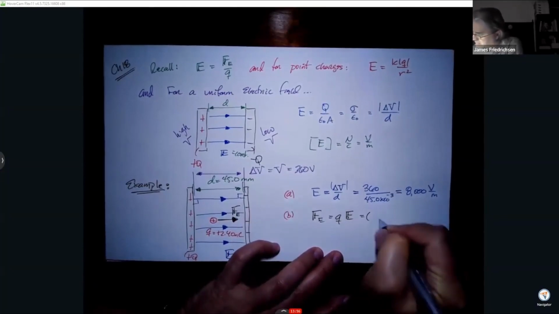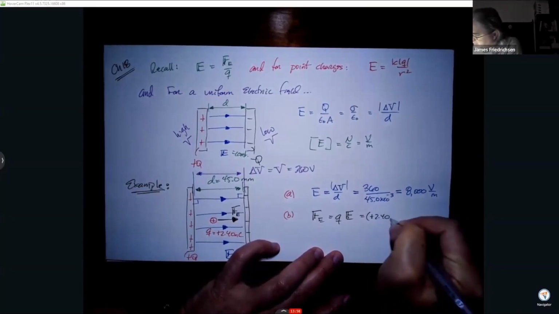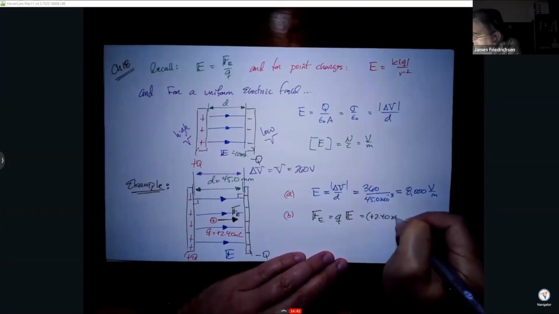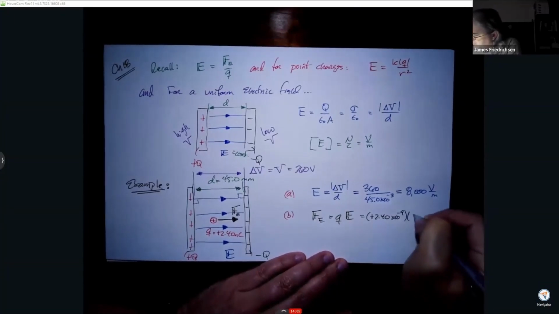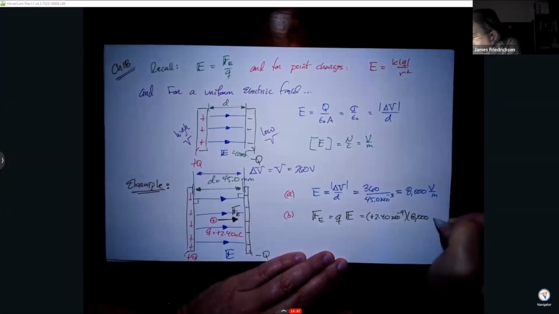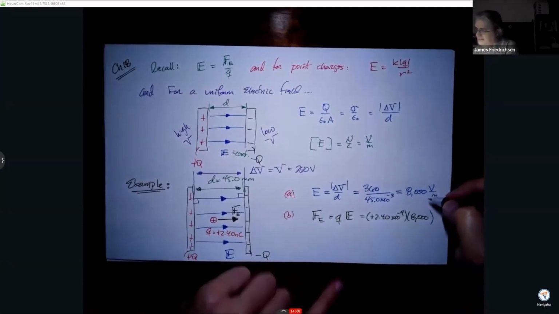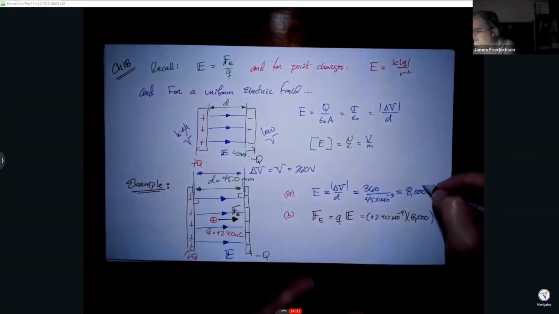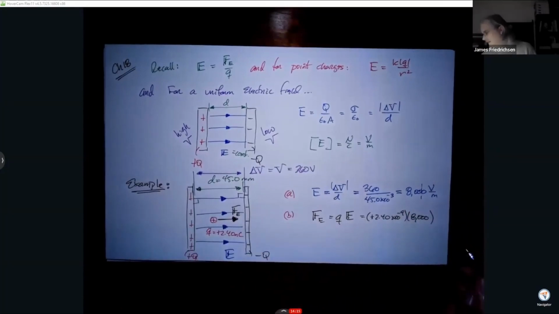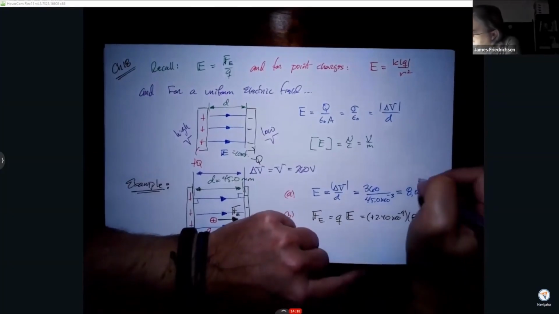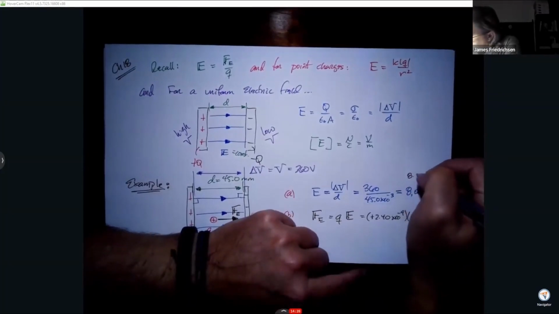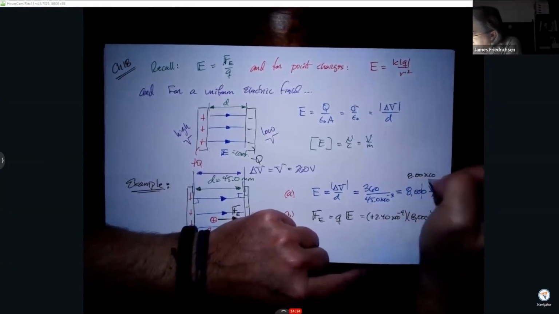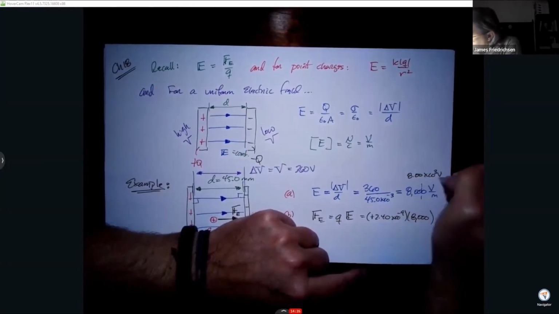And so then we can look at this plus 2.40 nanocoulombs. We'll do 10 to the minus 9, and then we'll put in our 8,000 volts per meter. Again, the thing I had started to say was, how many digits of the 8,000 are significant? Technically it should be 3. So if we wanted to be picky about it, let me point this out: we would move it 1, 2, 3 places, and this would be 10 to the 3 volts per meter.